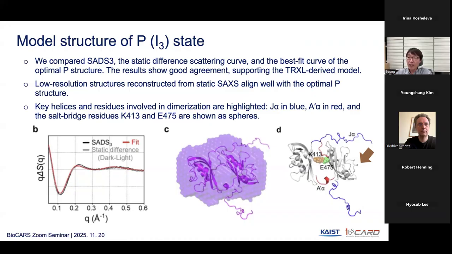A-alpha in red is also unfolded, and especially lysine 413 and glutamate 475 form salt bridges in other spheres. Altogether, this shows that the light-activated dimer forms through the beta scaffold, representing the final stage of the AsLOV2.